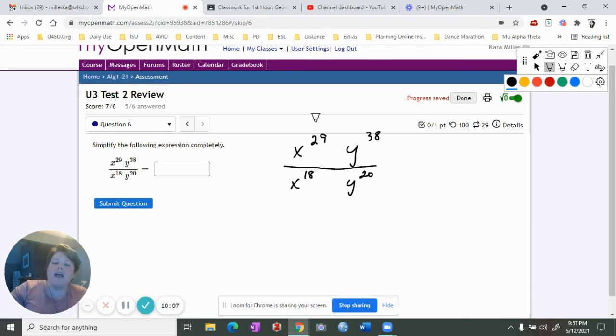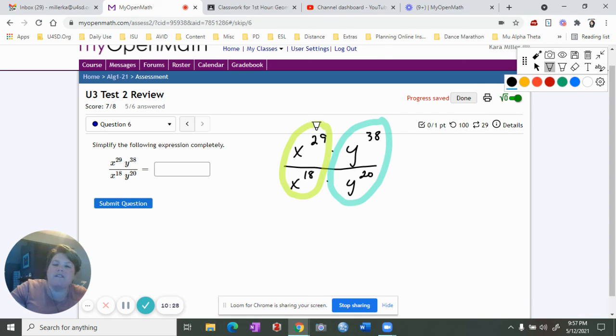So the numerator, x to the 29th times y to the 38th, and my denominator, x to the 18th times y to the 20th. What I'm going to do, again, is group my like things together. I'm going to take care of my x's, and then I'm going to take care of my y's, and then I will have my final solution.